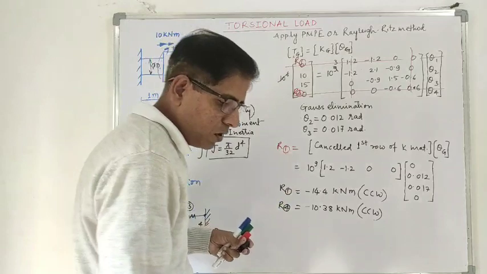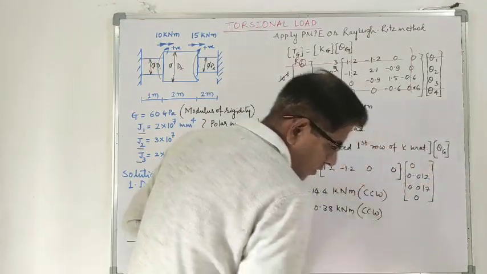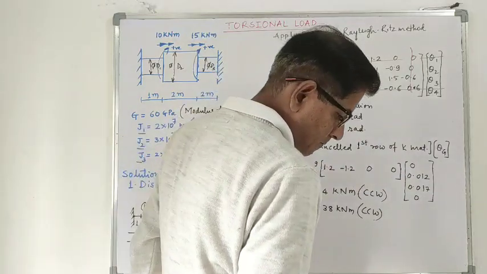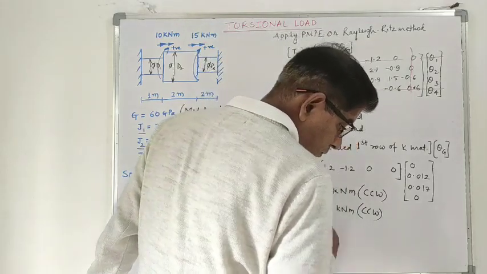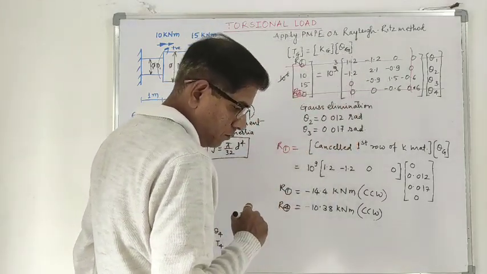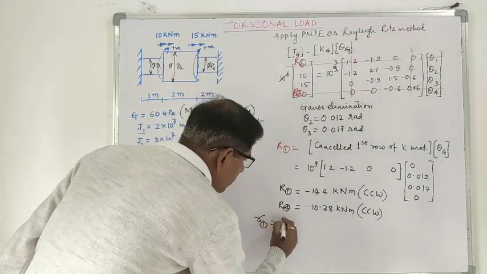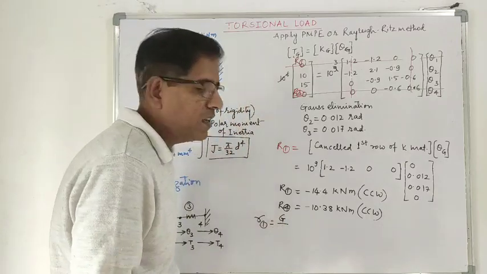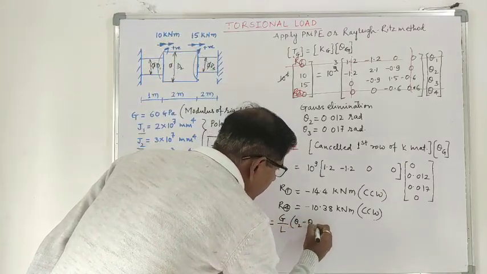And you can find out the shear stresses. Shear stresses or torsional stresses can be found by sigma 1 equal to G by L times (theta 2 minus theta 1).